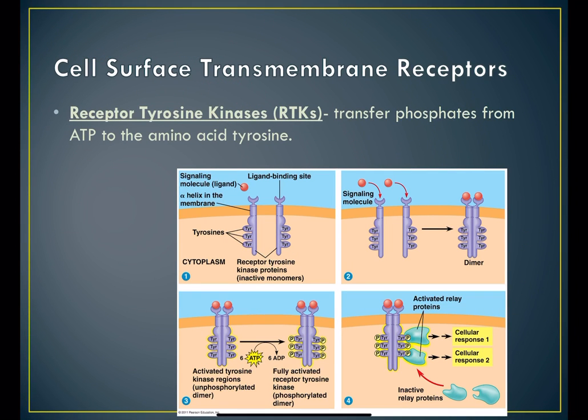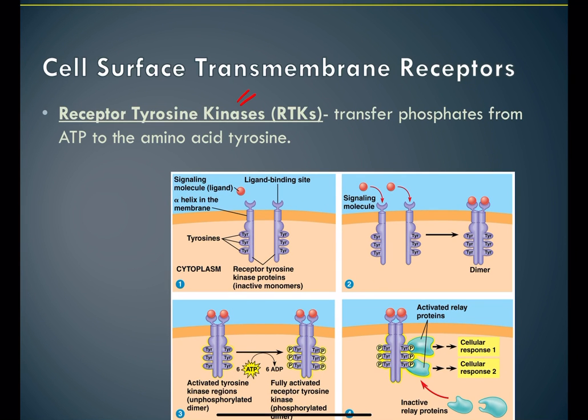This next one is a receptor tyrosine kinase. Kinases are enzymes because they end in ase. Anything that ends in ase is an enzyme, and their job is to transfer phosphates.